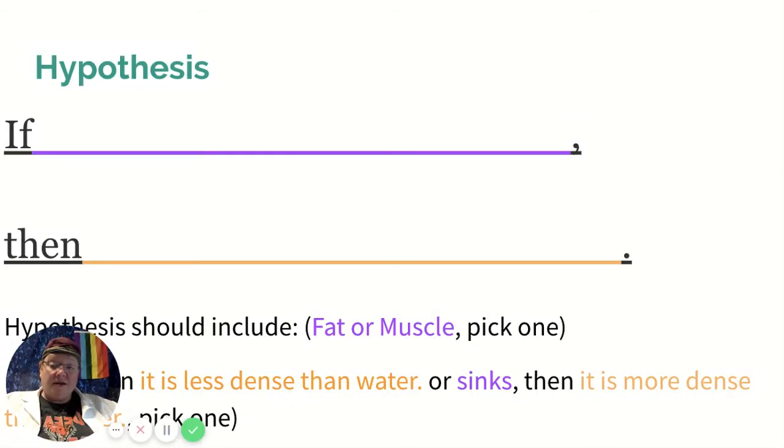So if we choose one tissue type, muscle or fat, we think it's going to either float or sink in water. If it floats, it's less dense than water. If it sinks, it's more dense than water. Make sure your hypothesis matches with the floating and the sinking.